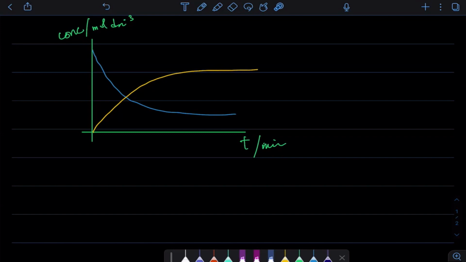अच्छा, अब इसमें this graph, how do we get it? How do we know the concentration after 5 minutes? For that, we use a technique called sampling.